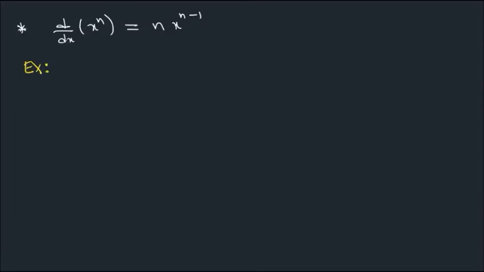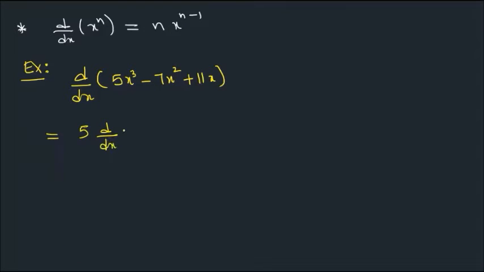Example, d by dx of 5x cube minus 7x square plus 11x is equal to, for your understanding sake, I am writing 5 d by dx of x cube minus 7 d by dx of x square plus 11 d by dx of x.